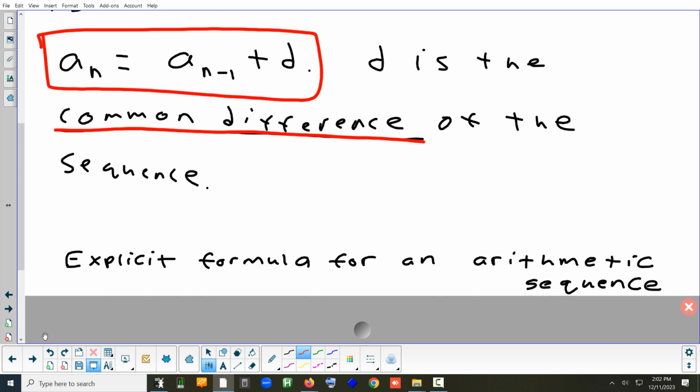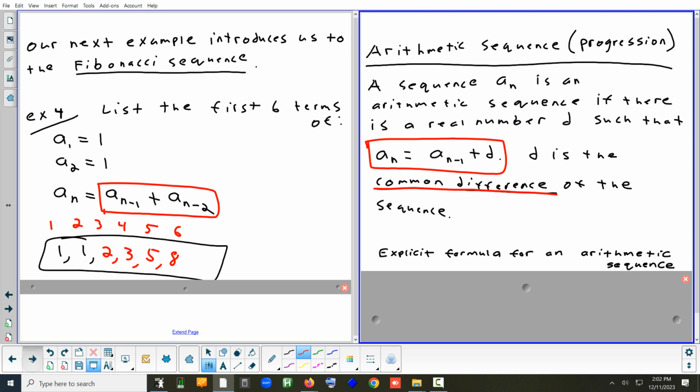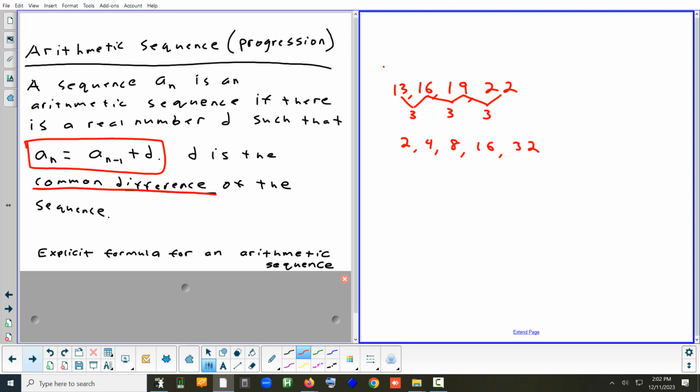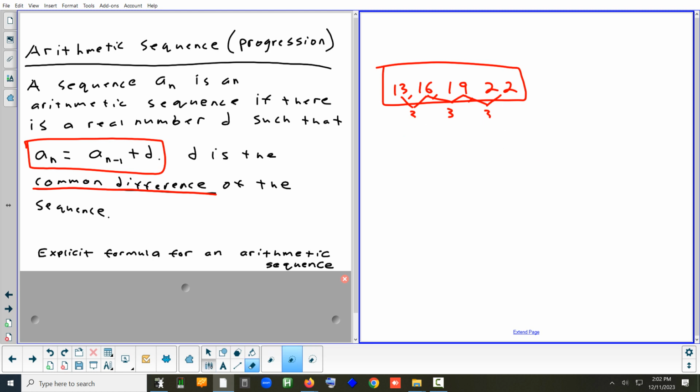So this is going to be the explicit formula for an arithmetic sequence. It's going to depend on two things. If this was a sequence that I was trying to find a formula for, just look at the one that's on the board. What do you think would be important to know about that sequence if you wanted to find a formula for it? That you're adding 3 each time you go to the next term.